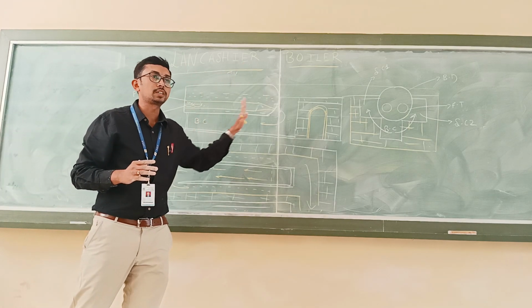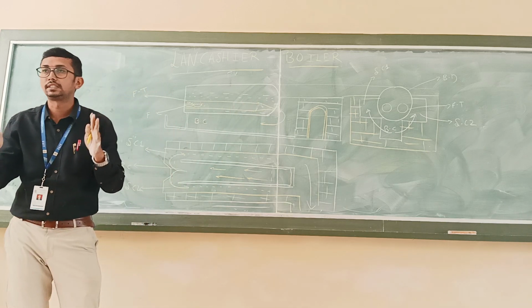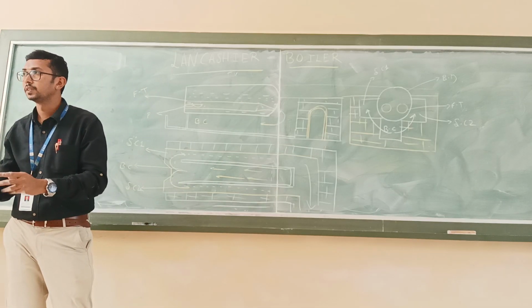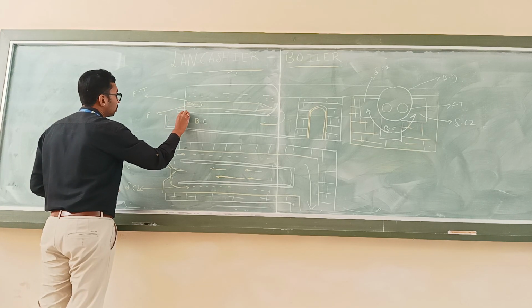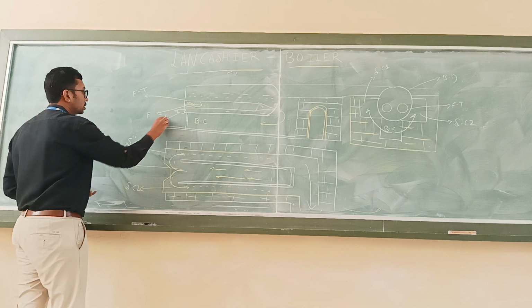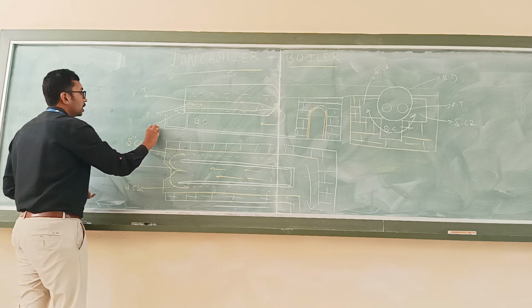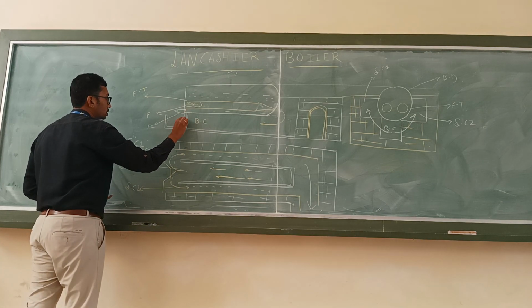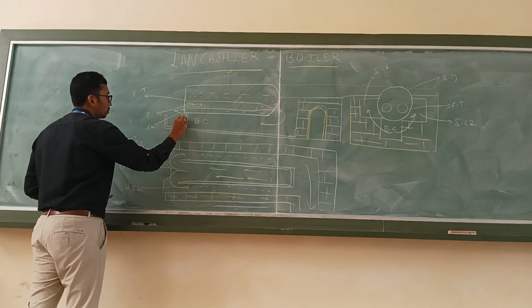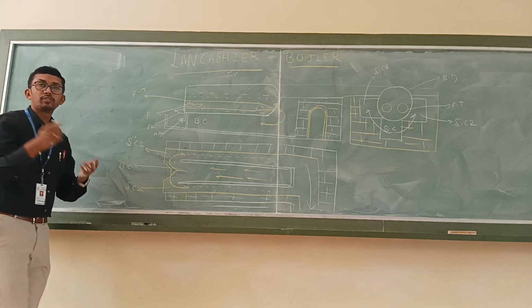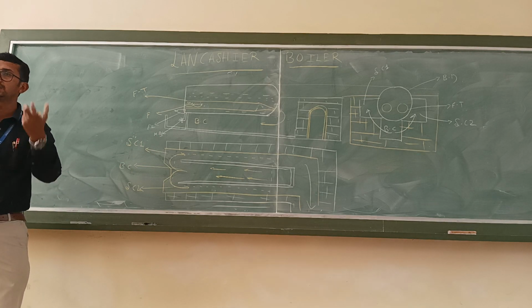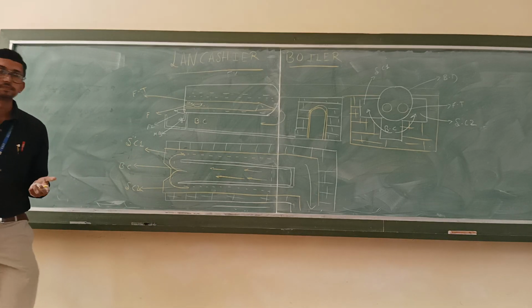So for proper working, it should have different accessories and mountings. So what are the mountings it is having? It is having a feed pump. So this is a feed pump, and here it is having a mud box. What is the purpose of the mud box? The waste particles and sand particles which are there in the water will be collected.